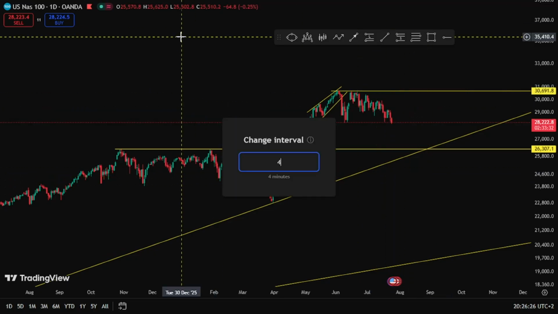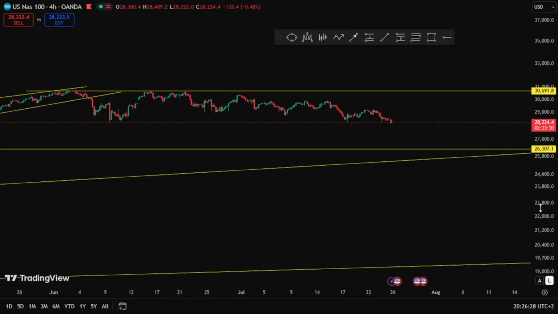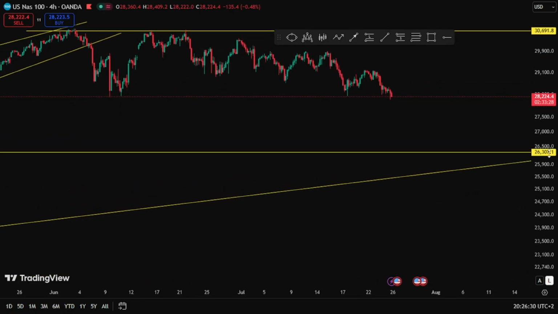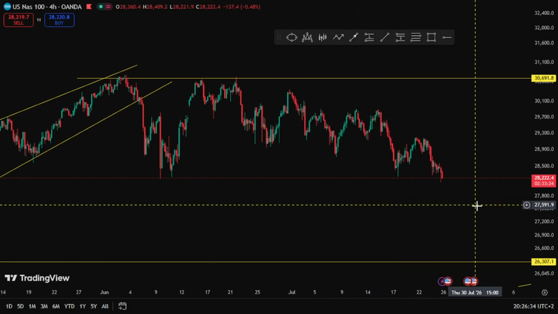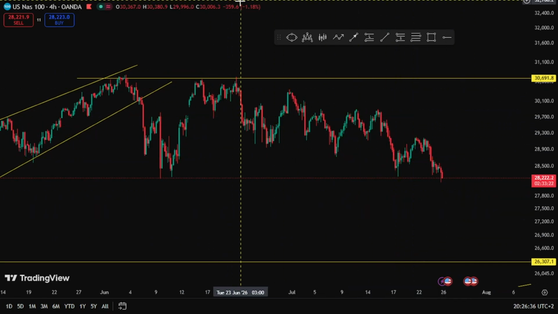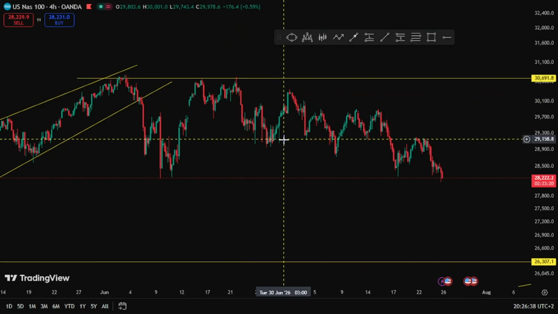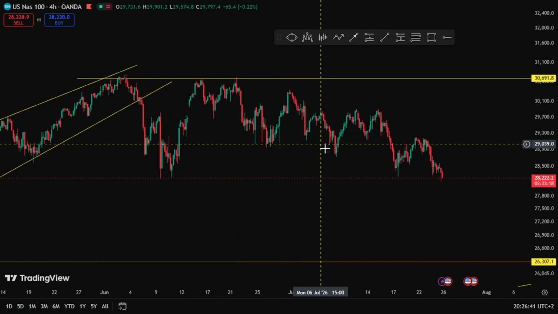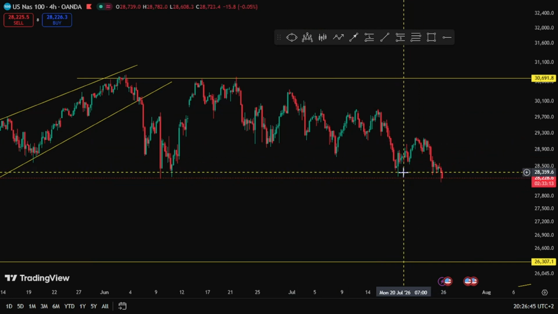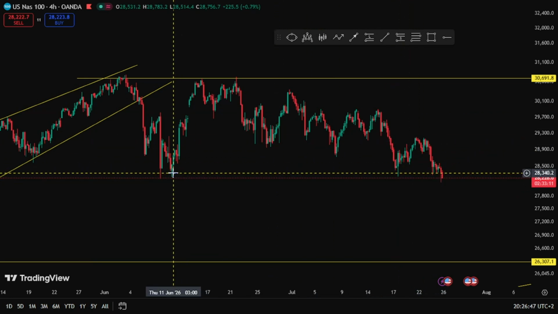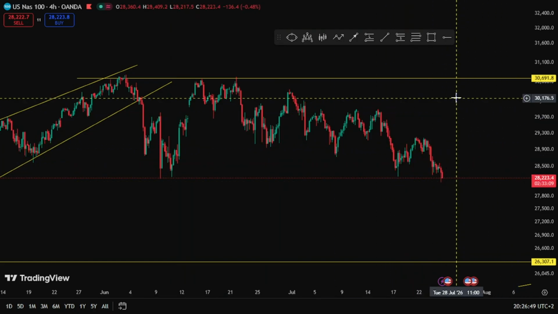So I went on the 4-hour. When I came to the 4-hour, that's when things got a little bit clear. Now that's when I started seeing, no, this market is bearish. It's bearish. We're not gonna lie. Look, higher low, lower low, higher low, lower low, higher low, lower low. And when it came here, because it touched here, I was like, okay, probably we're gonna go to the upside.